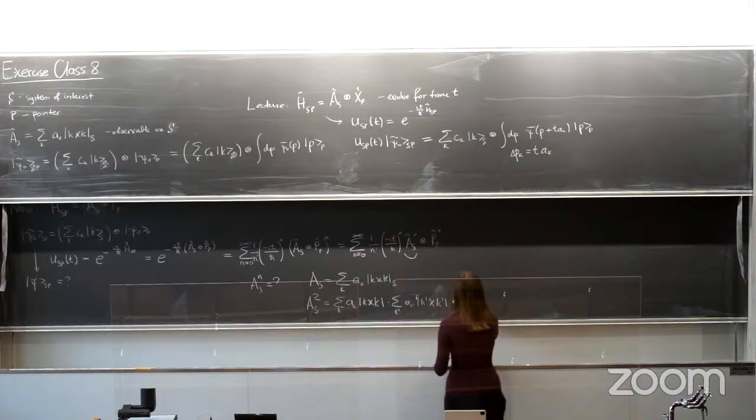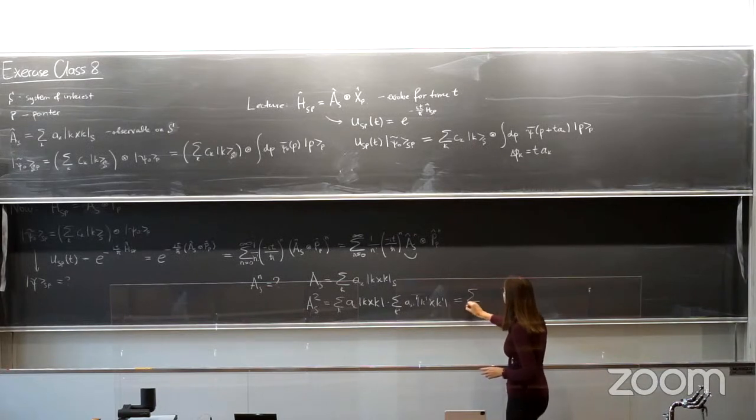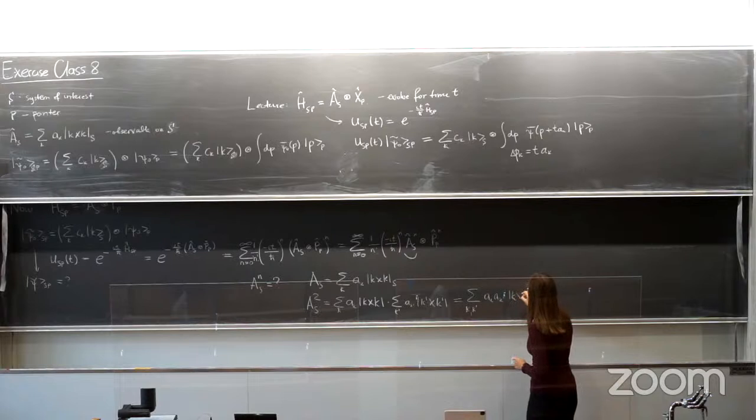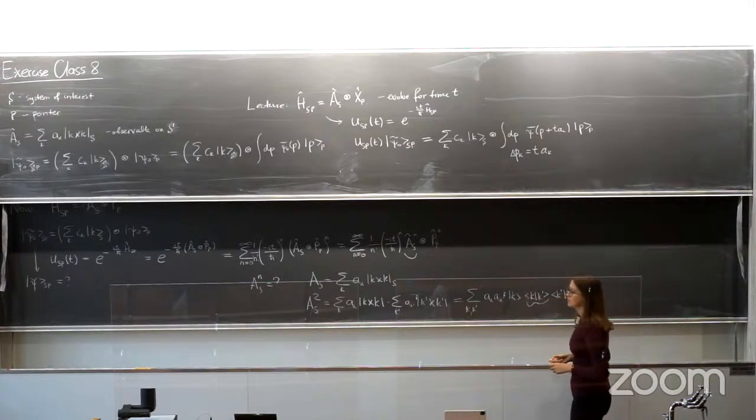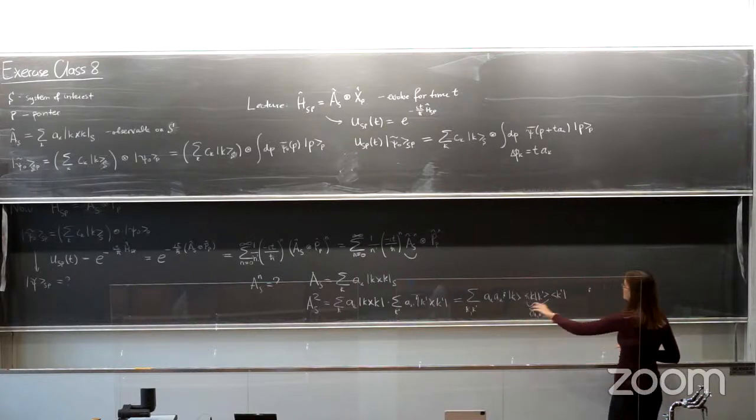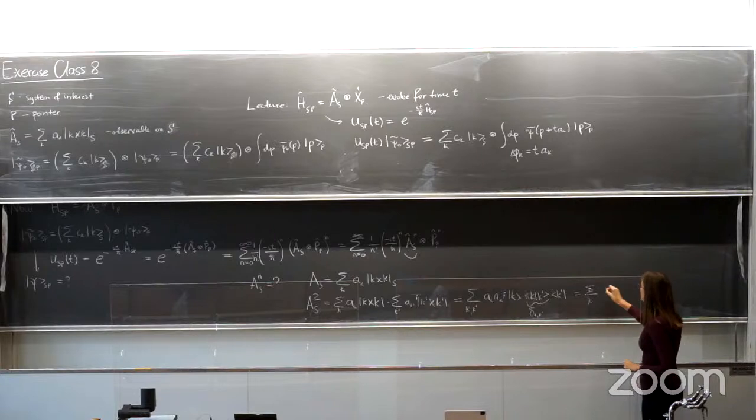Then what we get is the sum over k, k' of a_k a_k' |k><k|k'><k'|, and this gives us the Kronecker delta, delta k k', which means this is non-zero only for the terms where k equals k'. So this is the sum over k of a_k squared |k><k|.